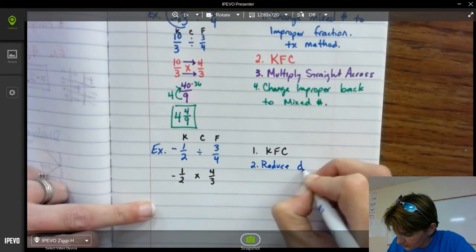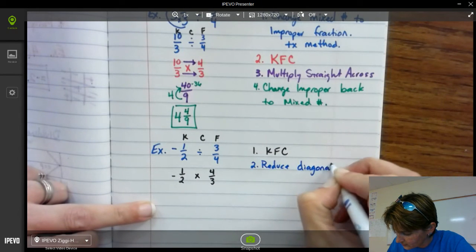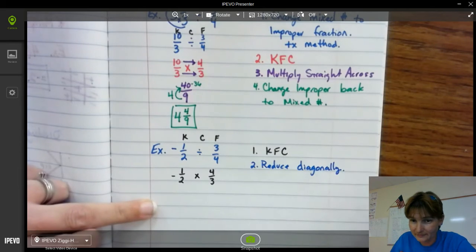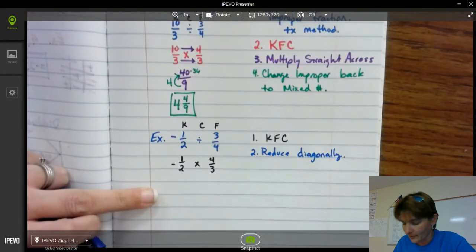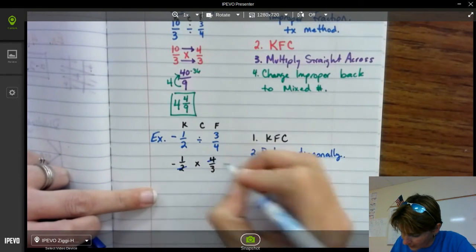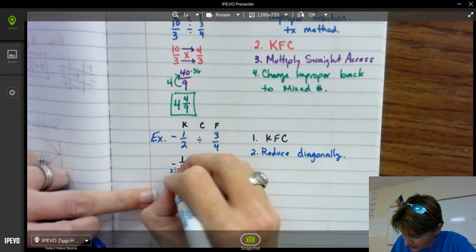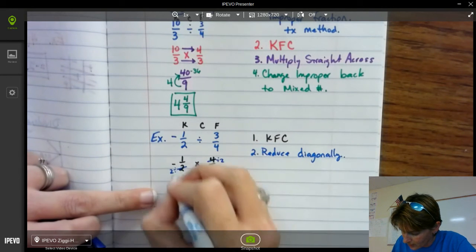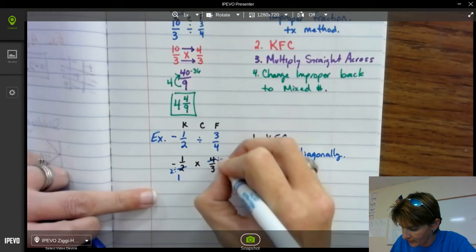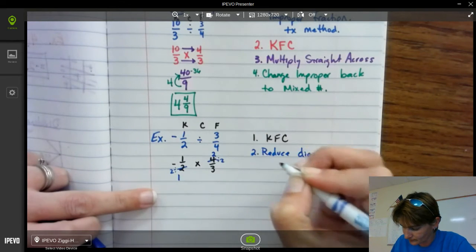Reduce diagonally. That time I spelled it right. All right, so 2 and 4 can both be reduced by a division of 2. 2 divided by 2 is 1. 4 divided by 2 is 2.